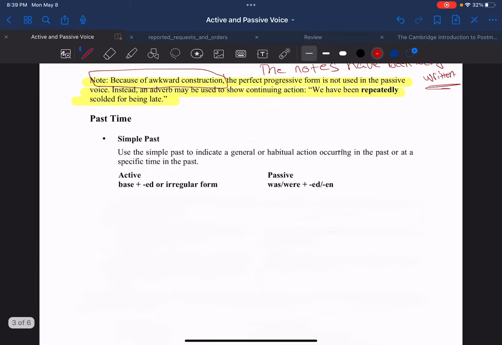In past time, you have past simple. Again, we start with the simplest version of past. We say, for example, she wrote the notes.